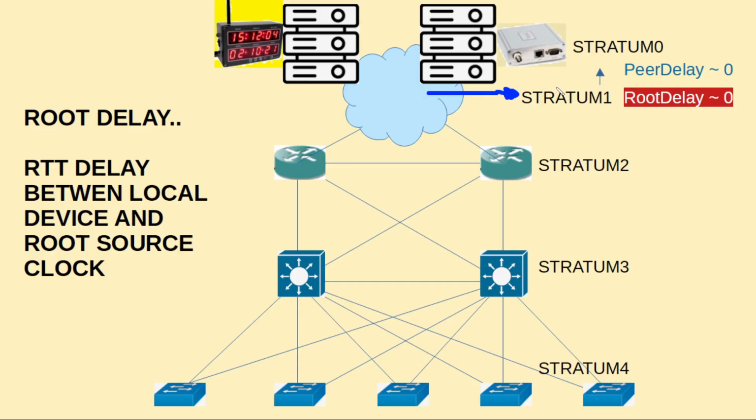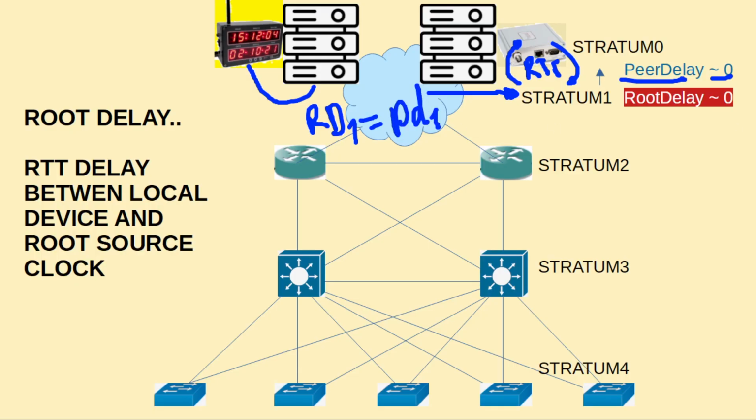The stratum 1 device is going to calculate the round trip time in order to reach the authoritative source. In the case of atomic clocks, this value is going to be almost 0. In the case of GPS systems, this value may be larger. We are going to call this calculation the peer delay. And in the case of the stratum 1 device, the root delay will be the same as the peer delay.